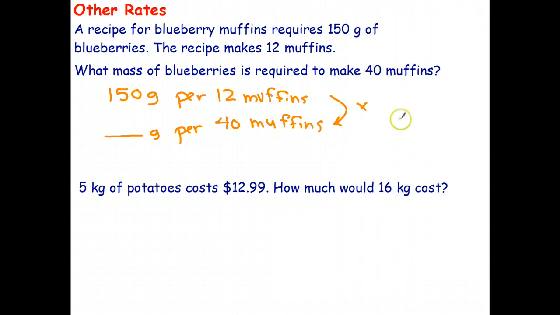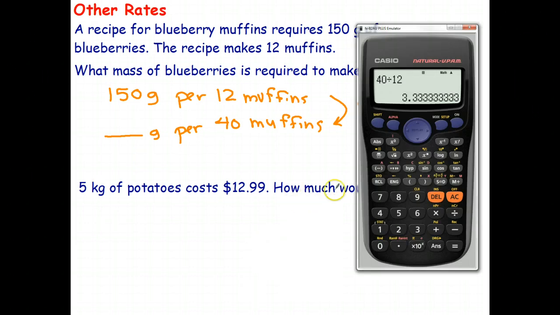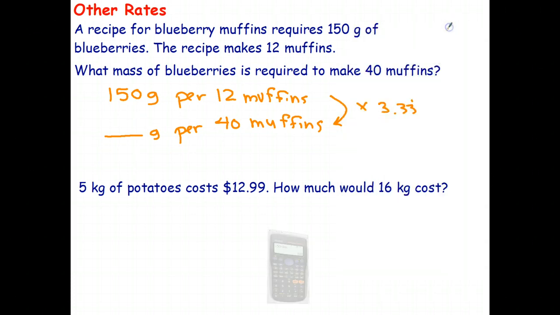So times 3.3 recurring. And therefore I've got to multiply 150 by 3.3 recurring. 150 by answer, and I get 500.